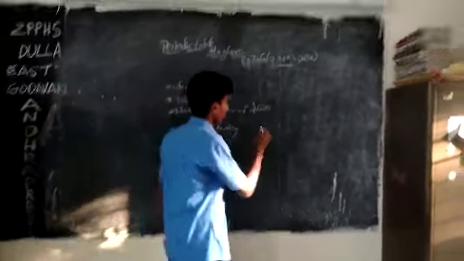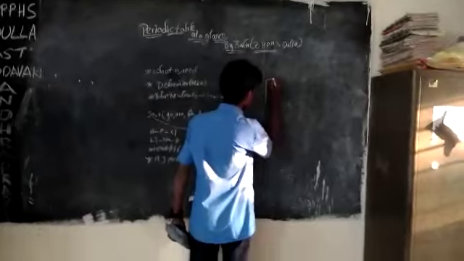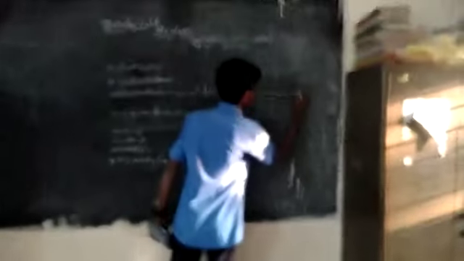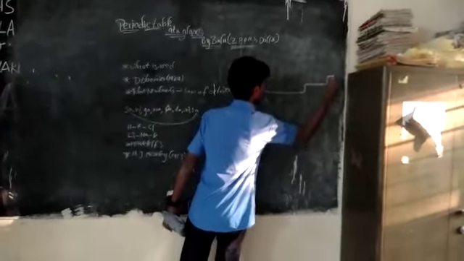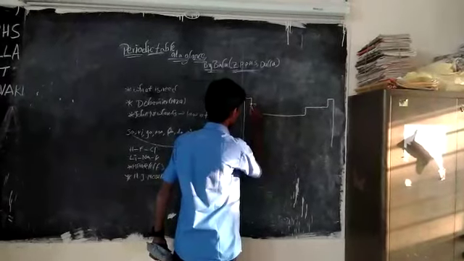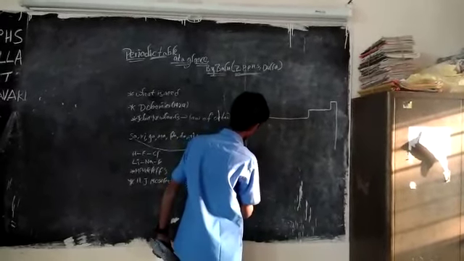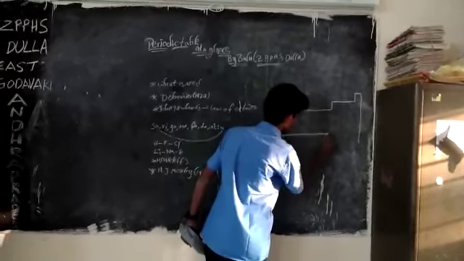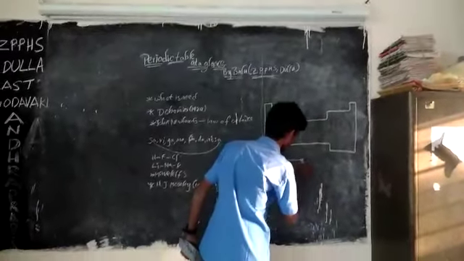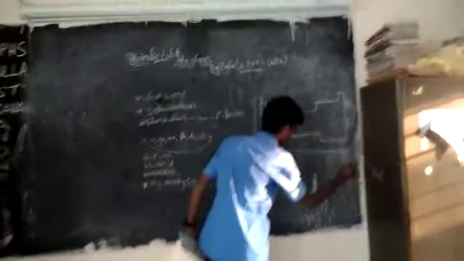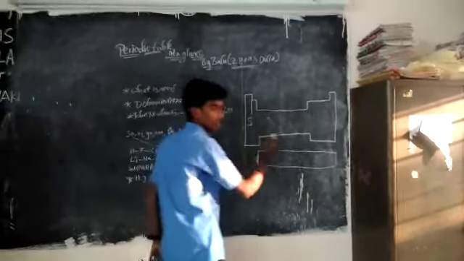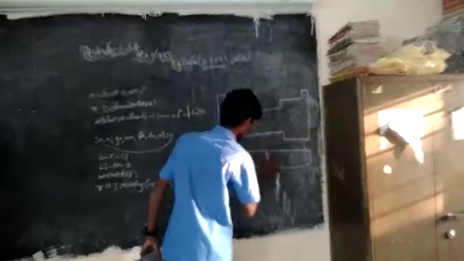The simple diagram of the modern periodic table. It has the S block, P block, D block, and F block.